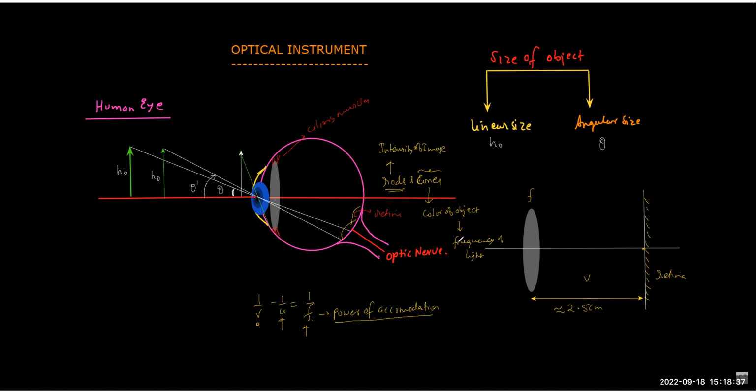We human beings are only able to see a finite spectrum of electromagnetic radiation, and that finite spectrum we call the visible spectrum, precisely defined from violet to red. We call it VIBGYOR.